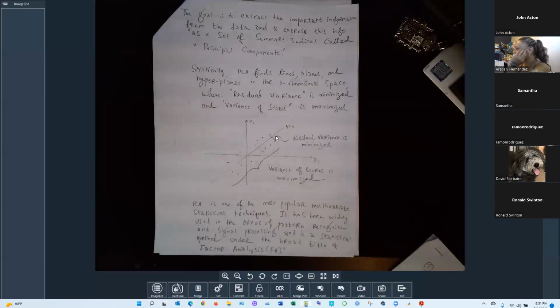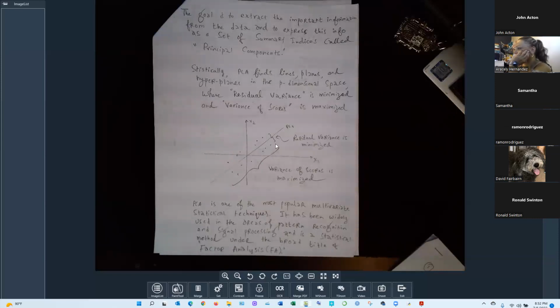I'm talking about with respect to this line. If you measure this distance, errors should be minimized, but the distances measured from this zero, or the origin, should be maximized.